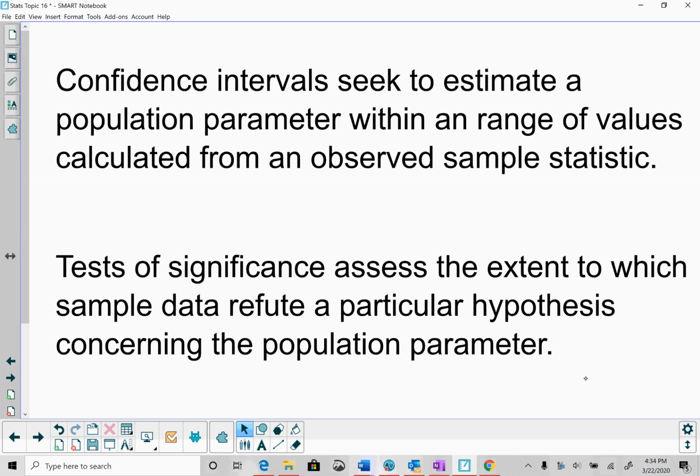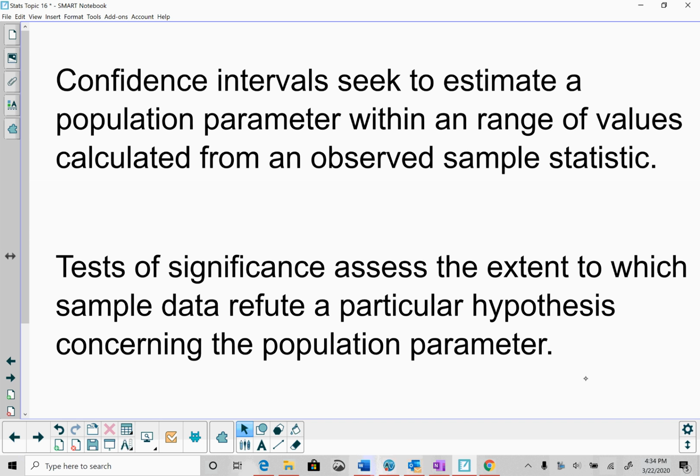So just to try and give you an overview of the big ideas that we're going to work on here. Confidence intervals try and come up with an estimate of the population parameter. Again, a lot of statistics, we're trying to figure out something of interest, some number that describes our population. So that's a parameter. But we're going to use a range of values, with some specific calculations, so having a calculator handy would be a really good idea, based on sample statistics.